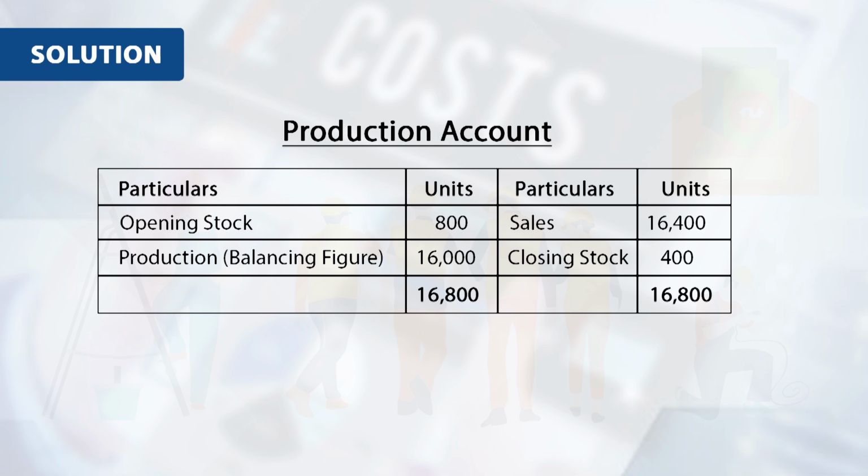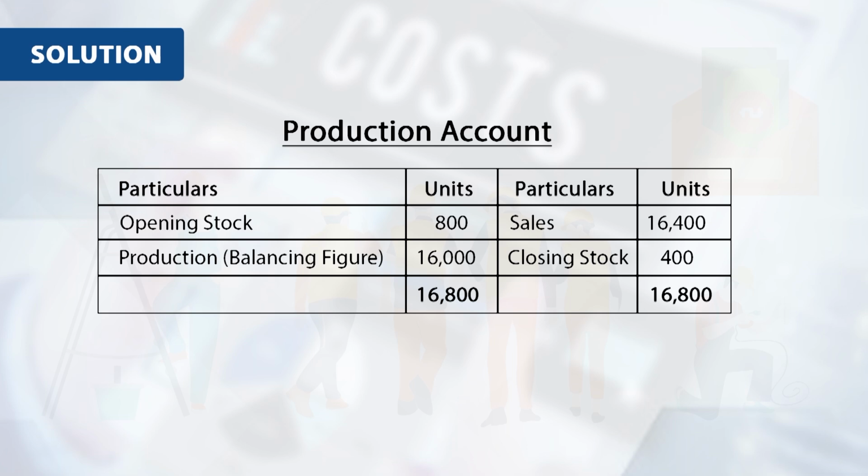Opening stock given is 800 units, sales given is 16,400 and closing stock given is 400. So opening stock we will write on the debit side, sales and closing stock on the credit side, making the total of the credit side 16,800, and the balancing figure on the debit side is 16,000, which is our production.